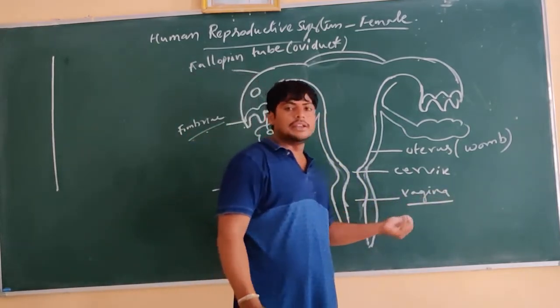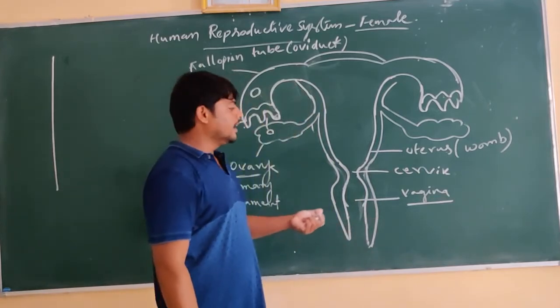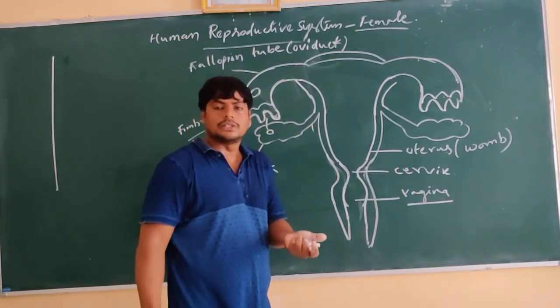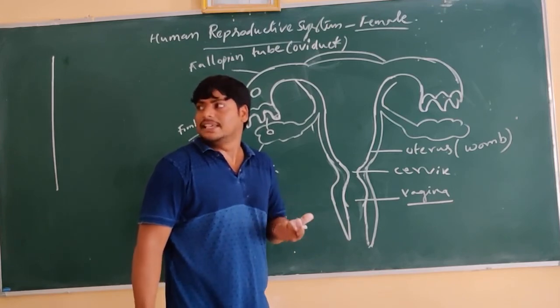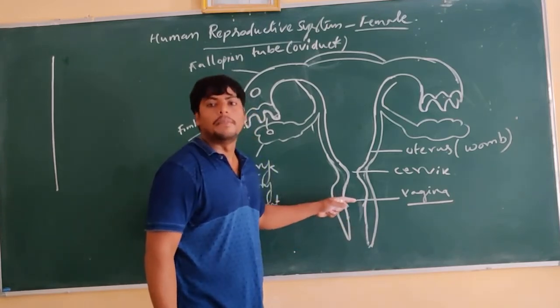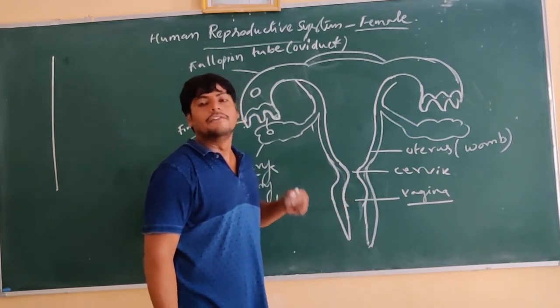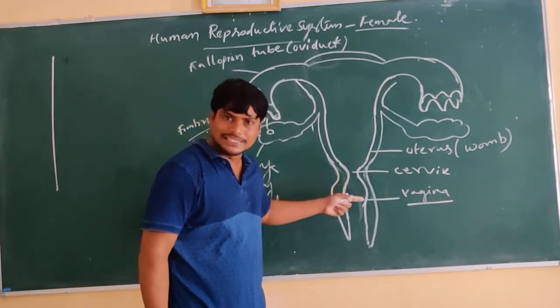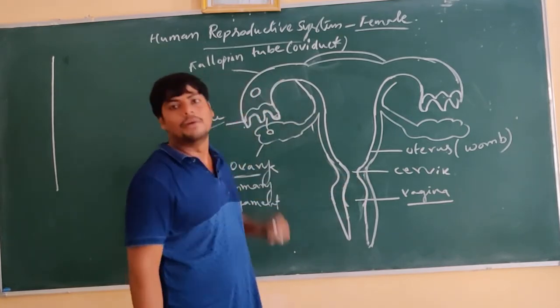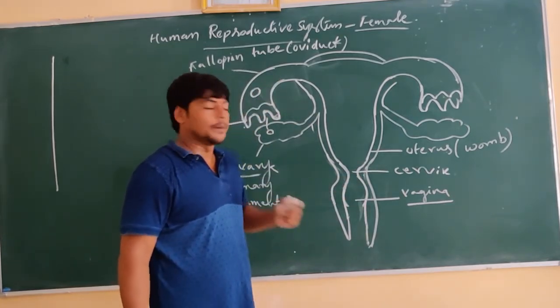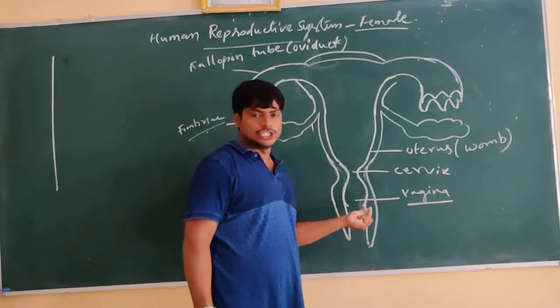This is the female genital organ, where during sexual intercourse the penis of the male is inserted in this part of the female body, where the sperm cells are deposited and they are collected into the fallopian tube. For this purpose, this is the passage.